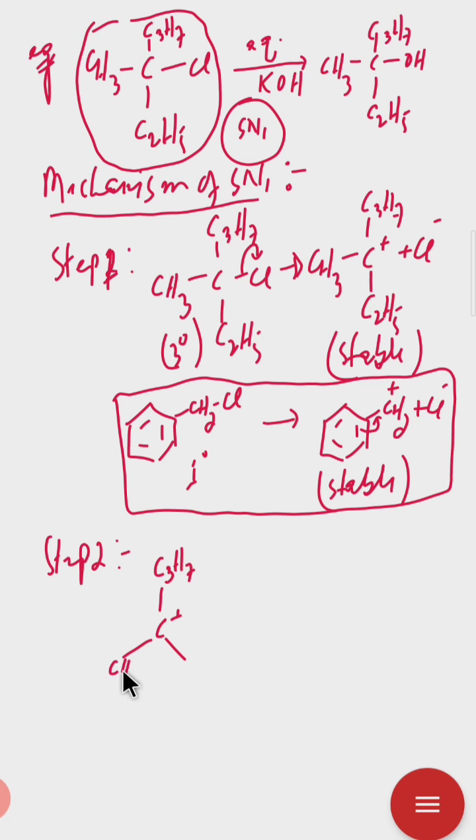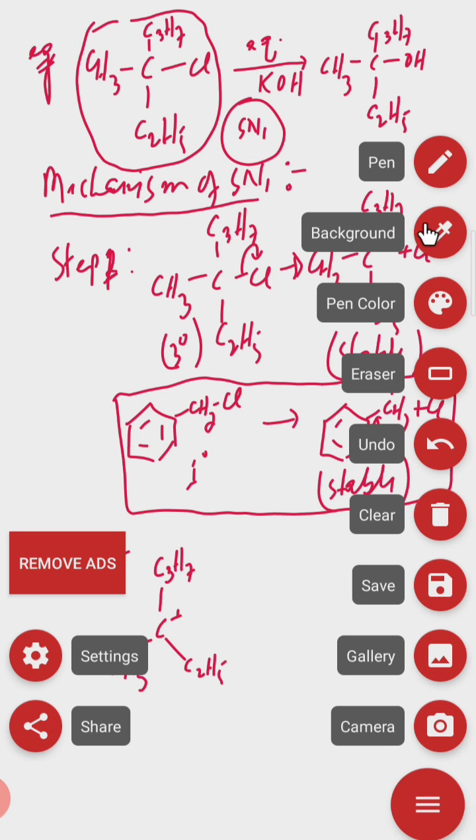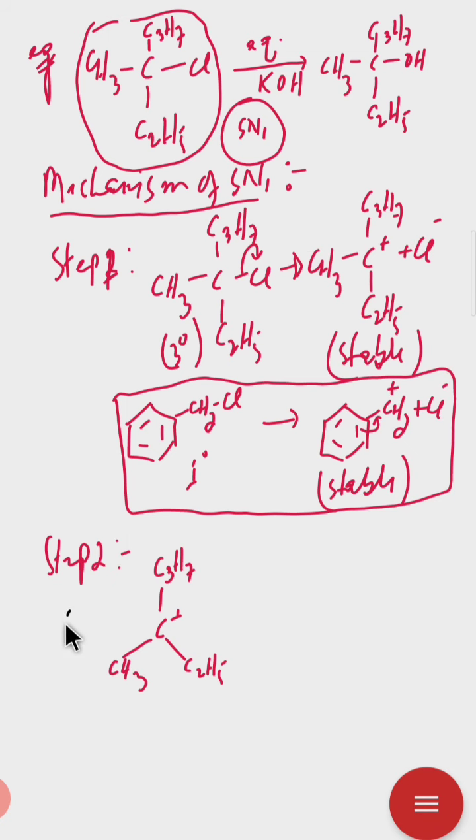I'm writing methyl here and C2H5 here. Now the nucleophile here is OH minus ion. This will attack the carbocation from both sides. OH minus ion will attack from this side, and this OH minus ion will attack from this side also.